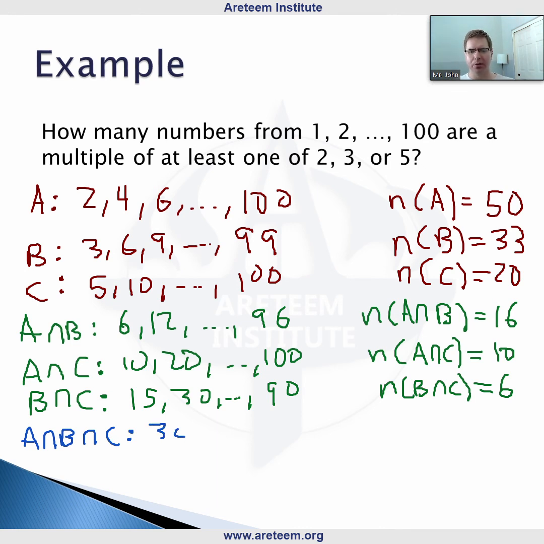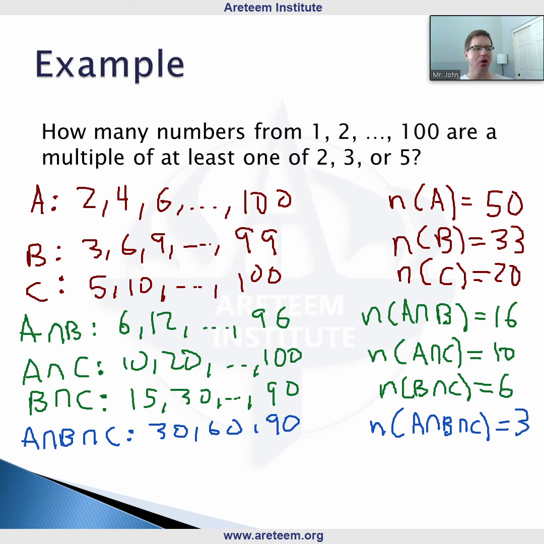So there are only 3 of these that we have to worry about: 30, 60, and 90. Intersecting all 3 of these sets gives us 3 elements.